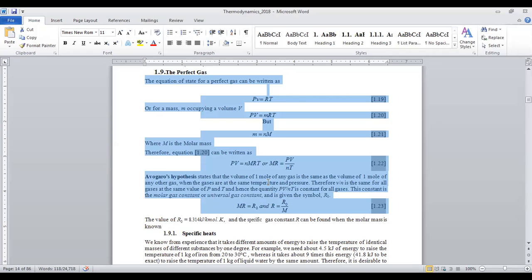For compressed air, combusted air, gas, all of these, we consider ideal gas nature. Ideal gas knowledge is important, the behavior of ideal gas.